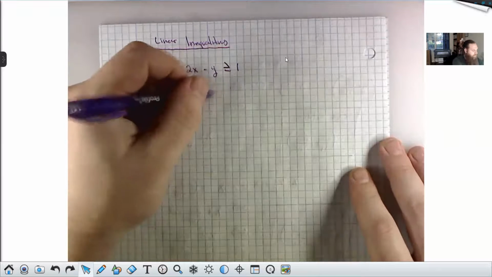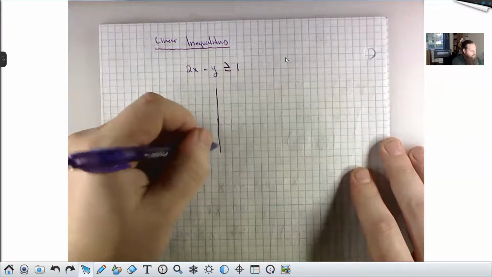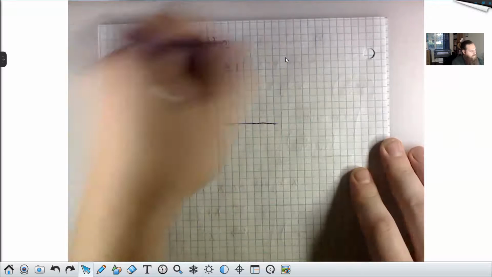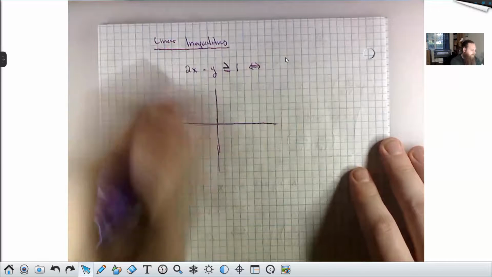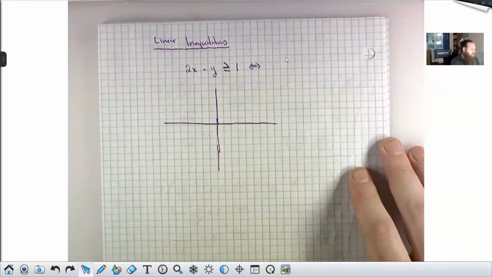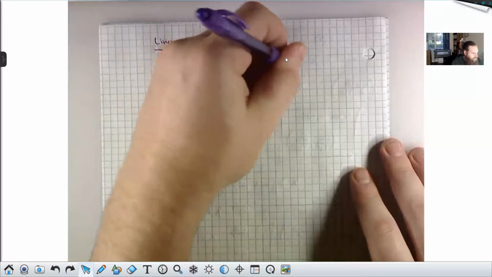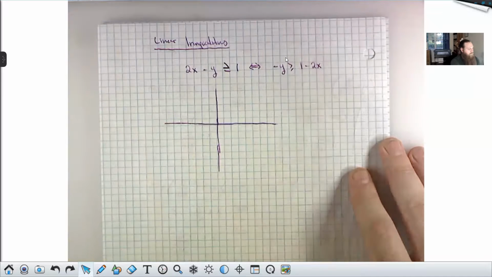Well, we kind of start by thinking of the line. So I would begin by putting this into the closest thing I could to slope-intercept form. I'm going to think about this the same way I would think about a linear equation. So I can subtract the 2x over, and I get negative y is greater than or equal to 1 minus 2x.